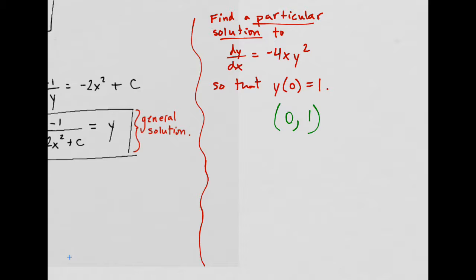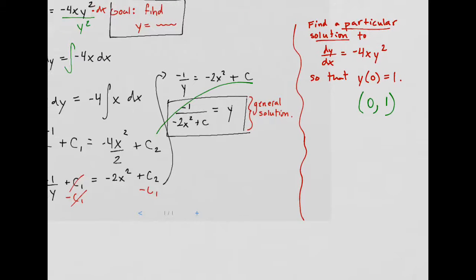So what we're going to do is simply use our general solution and plug in these values and solve for c, because c makes us shift this function around. So we want to shift it around in the exact way so that we can get it to pass through (0, 1).